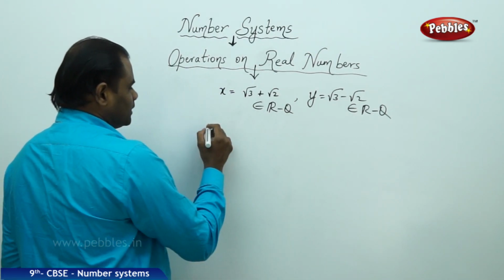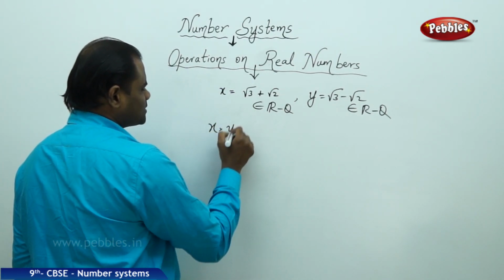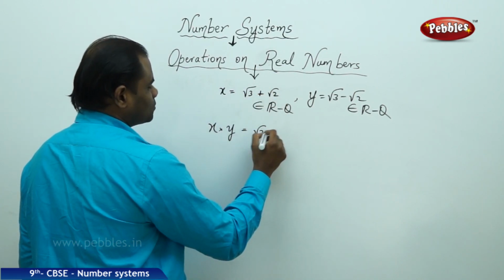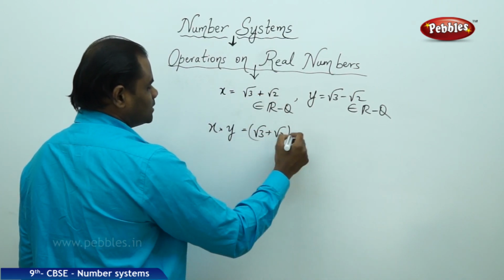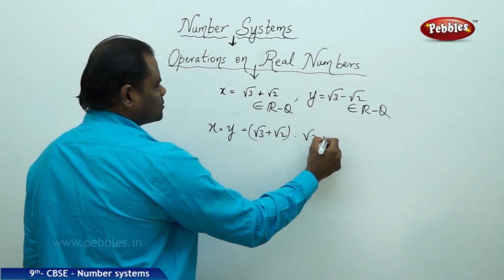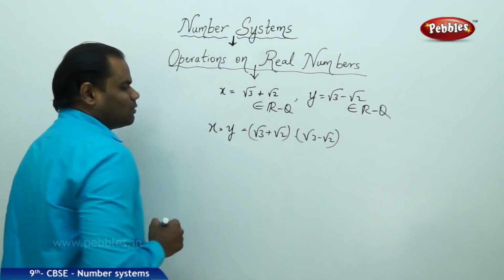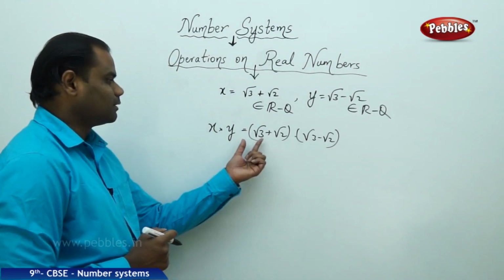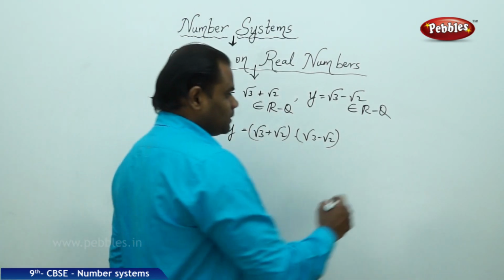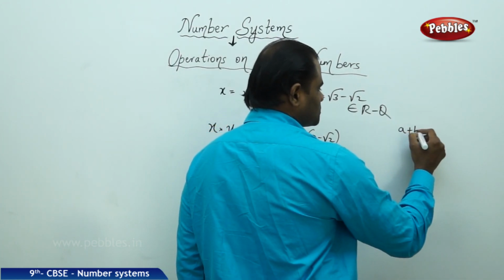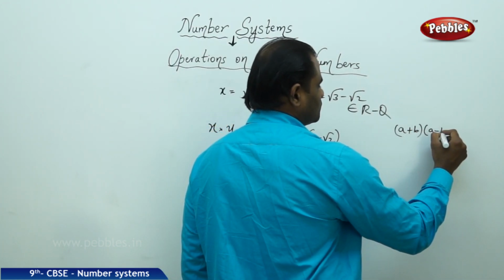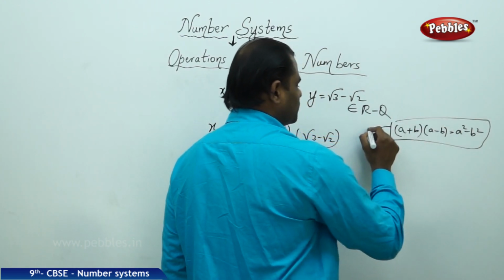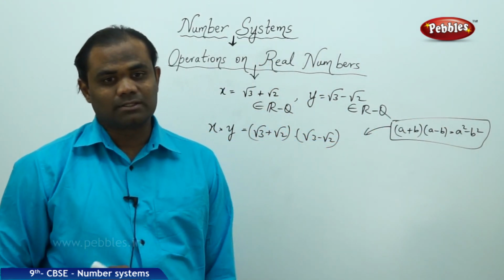So when I multiply the two irrational numbers x times y, x being root 3 plus root 2 is substituted for x, and root 3 minus root 2 is substituted for y respectively in the product. Now clearly I identify that this is in the form (a plus b) times (a minus b), which equals a square minus b square, as learnt in the lower classes.